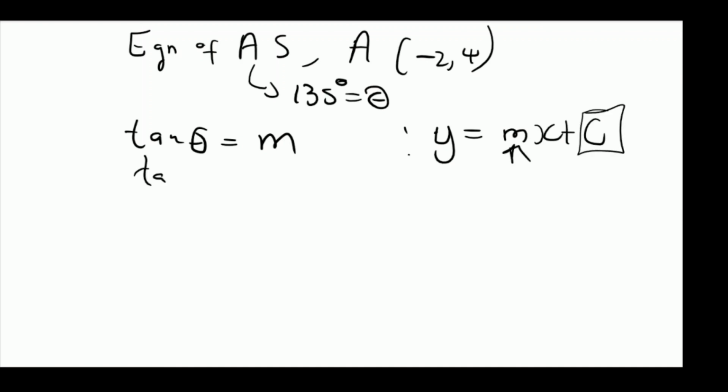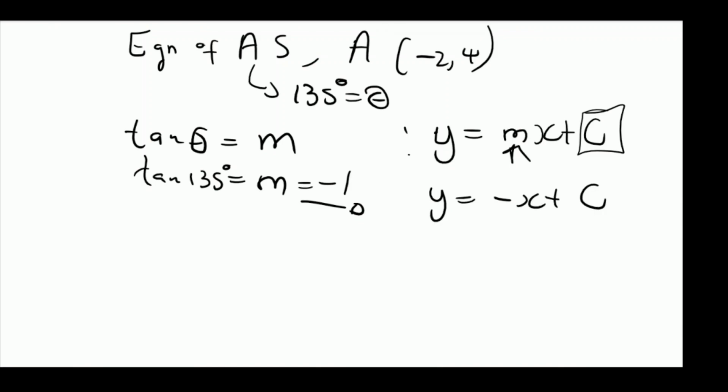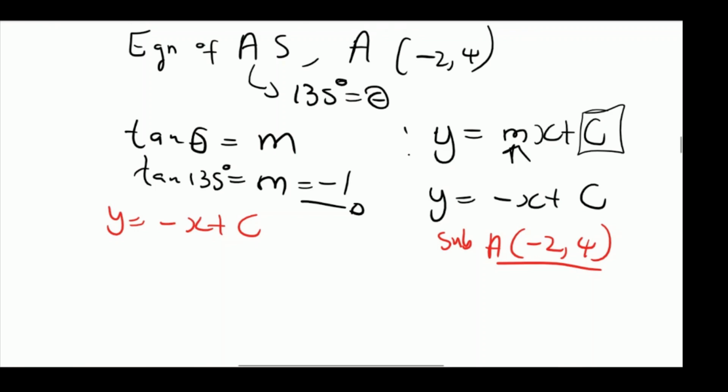So it's going to be tan of 135 degrees equals m. If you punch it in the calculator, tan of 135 gives you -1, meaning the gradient is -1. So you're going to say y = -x + c, and then substitute point A, (-2, 4).